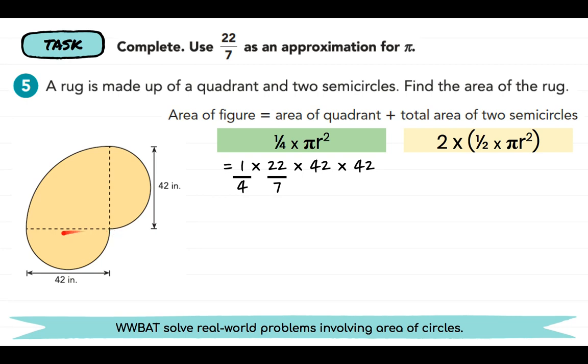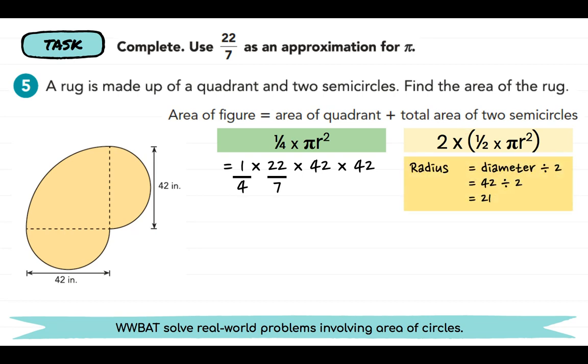So to find the total area of the 2 semicircles, you have to multiply 2 times 1/2 times pi r squared. The number inside the parentheses represents the area of one semicircle. So you have to multiply that number by 2 to find the total area of 2 semicircles.